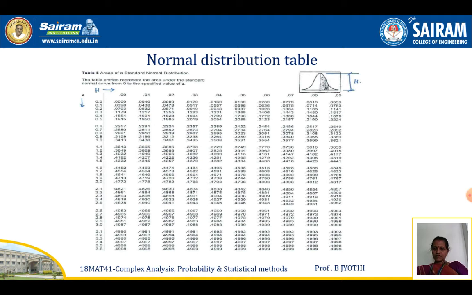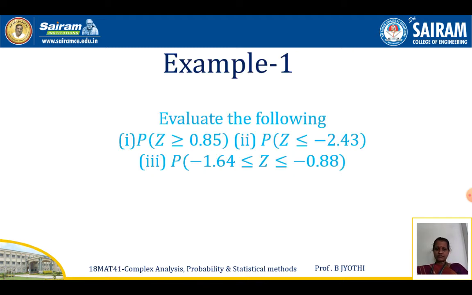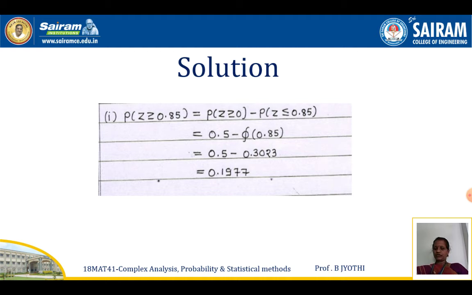See here 0.8 and 5, 0.85 gives 0.3023. So we need to subtract this value from the 0.5. Then what happens? It is 0.1977. Hope it's clear. We got 0.3023 from the table, and that needs to be subtracted from the 0.5. So we get this value.